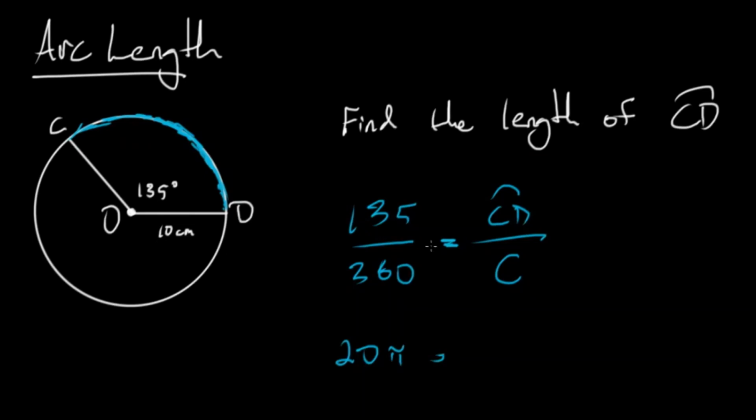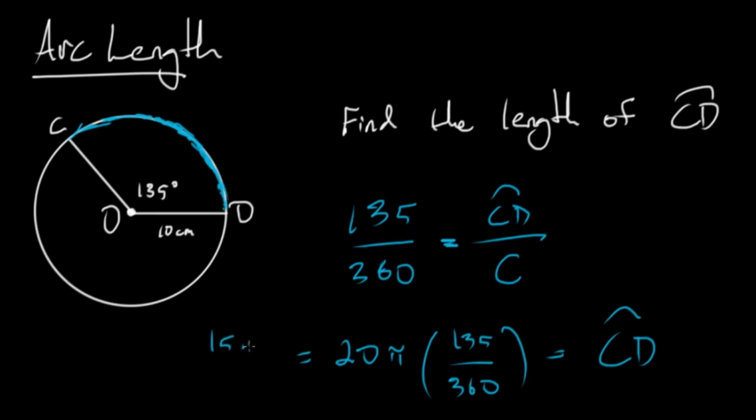That times 135 over 360 is going to be your arc length. What is that number? CD ends up being 15 pi over 2 centimeters.